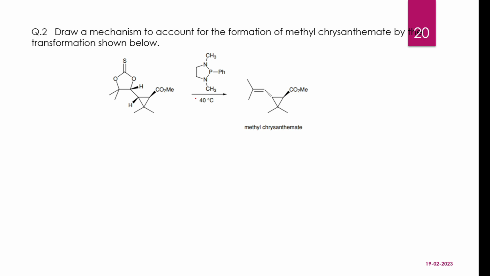So next, let's solve a problem about this reaction. I have taught you in the last session. What is the name of the reaction? Just think for once. Here also it will go through a carbene intermediate. What will be happening here? This phosphorus will attack the sulfur, giving us this type of carbene intermediate.